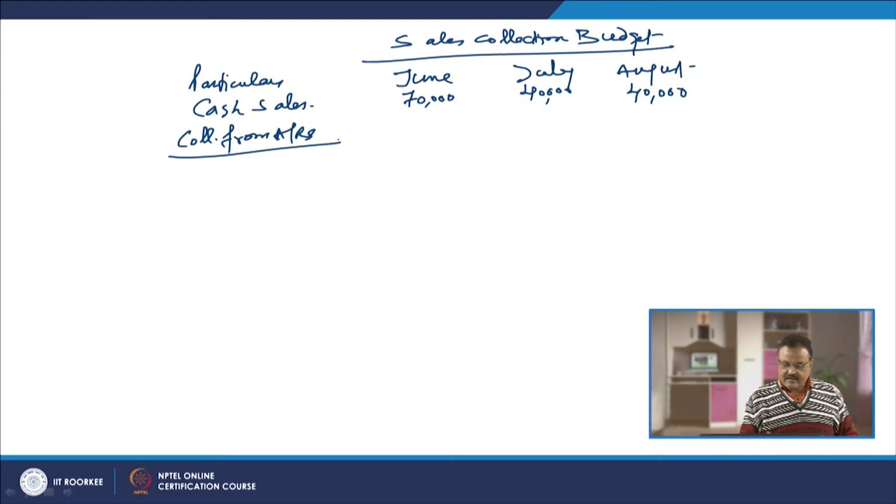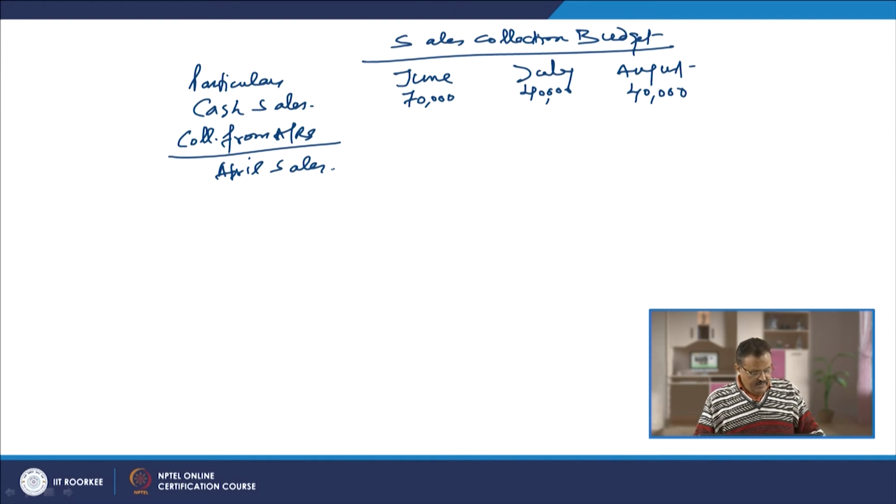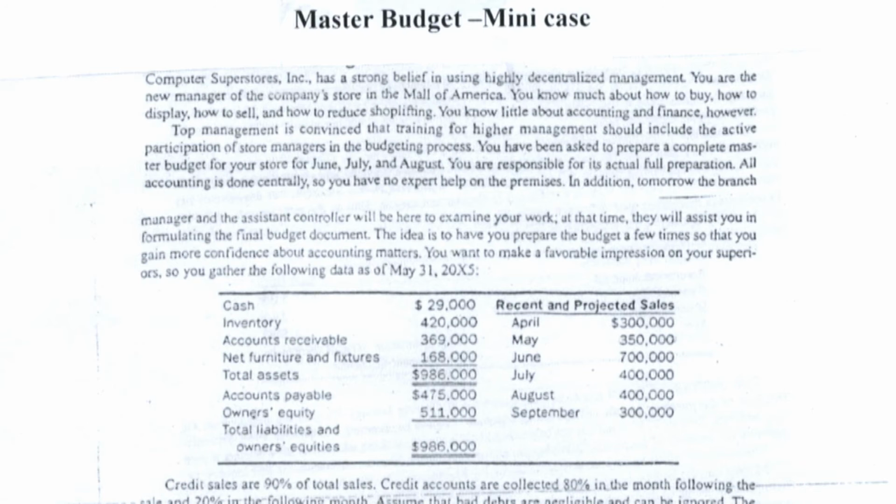So, collection from accounts receivable: we are going to receive now part of the credit sales which we made in the month of April, and collect that in the month of June. So, collection from accounts receivable means it is for the April sales. Now it must be clear to you why this April information is given to us.